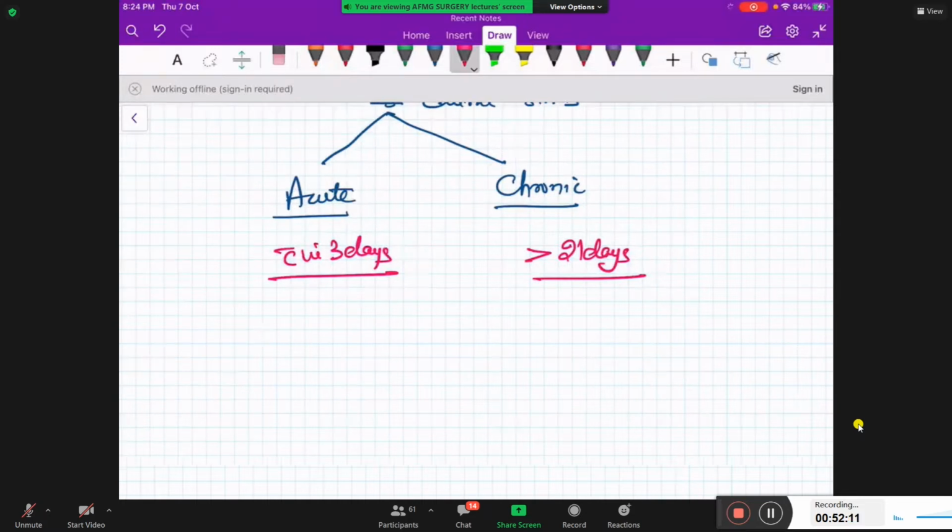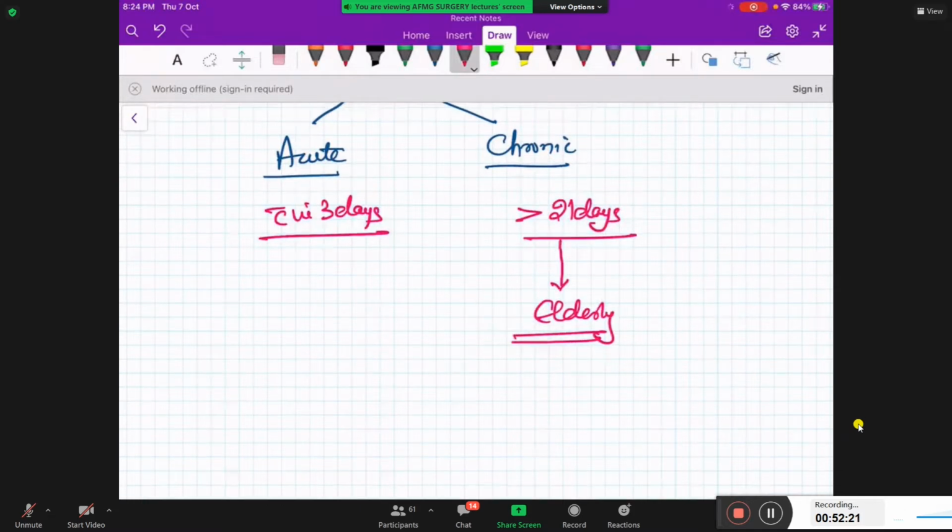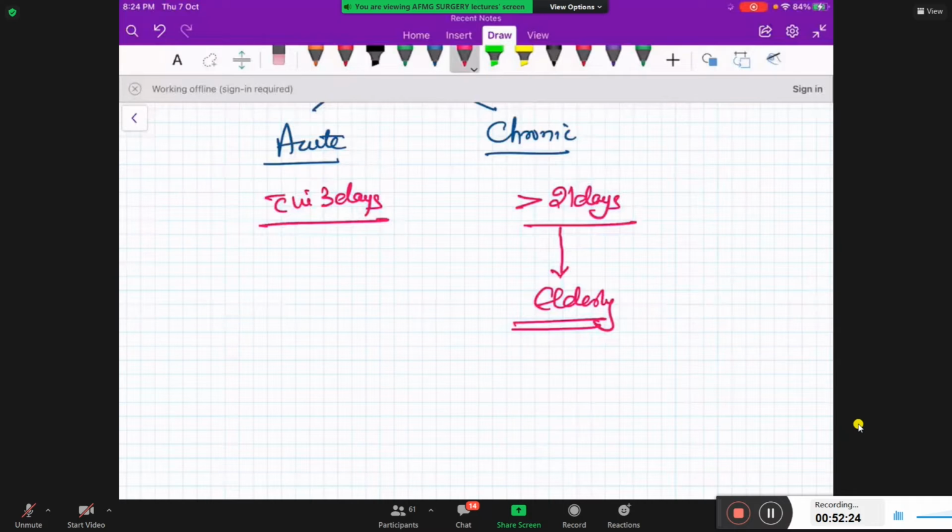And a very, very important point to note: chronic SDH is commonly seen in elderly. And please, this is a very commonly asked thing in exams also.